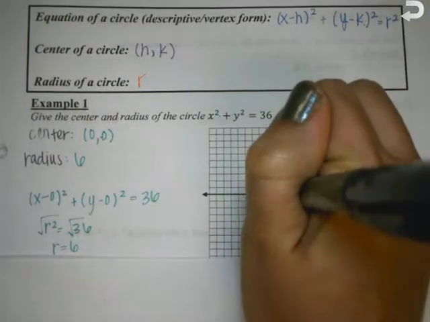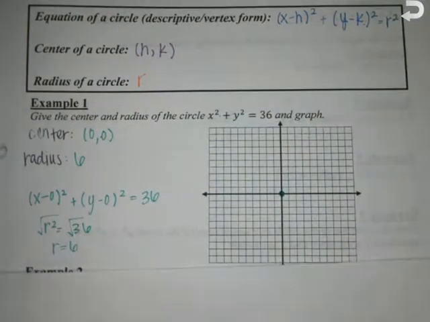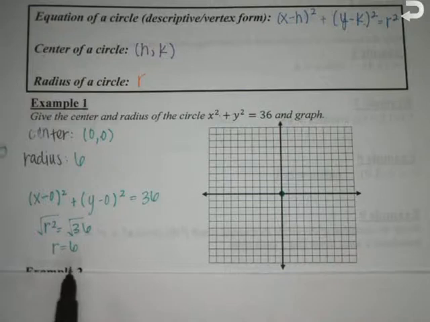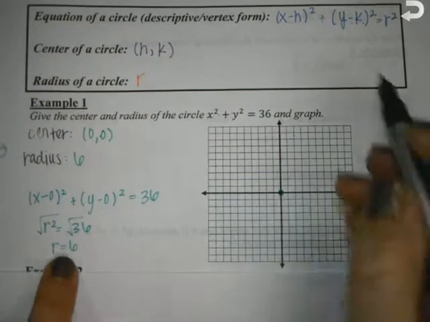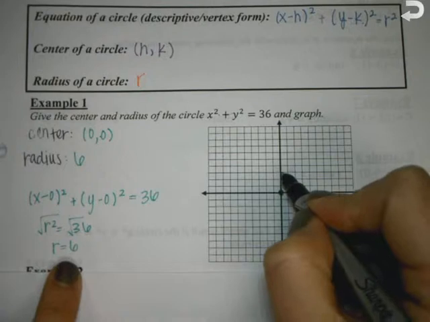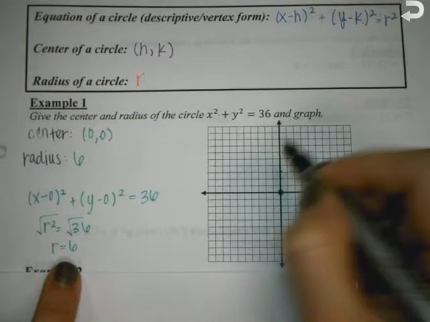And then we just want to sketch the graph. So we know that our radius is 6. So what we're going to do is count the radius in all 4 directions so that we have 4 points to make the circle. So from the center, I'm going to go up 6 places. 1, 2, 3, 4, 5, 6. What other direction can I go?